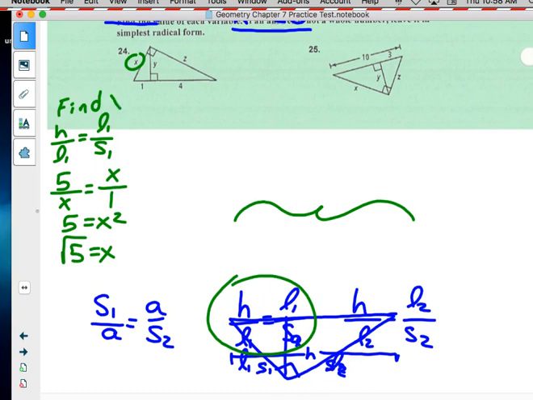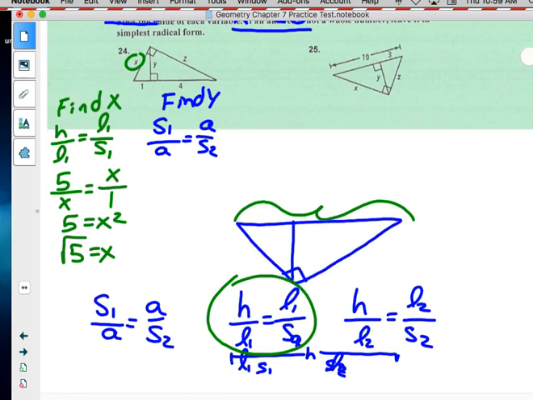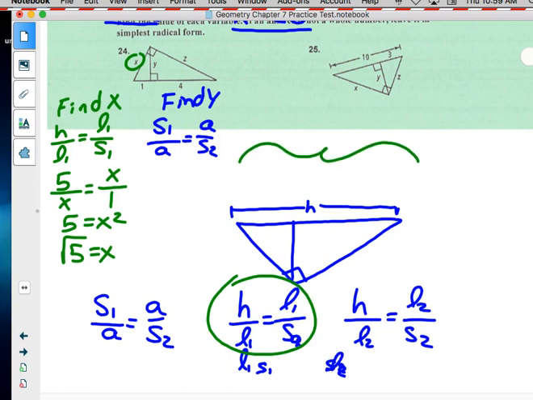Now, that's finding X. When I find Y, which is the altitude, I have S1, A, S2. And here's Y. I'm looking these over. That's my S1. This is my A, L2.